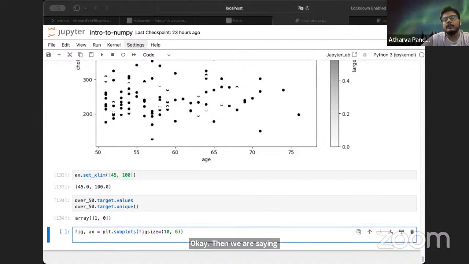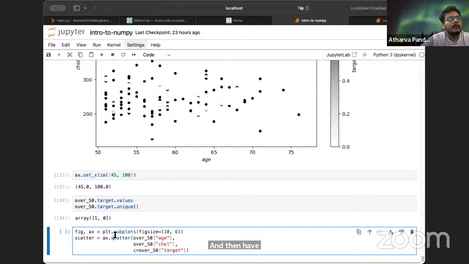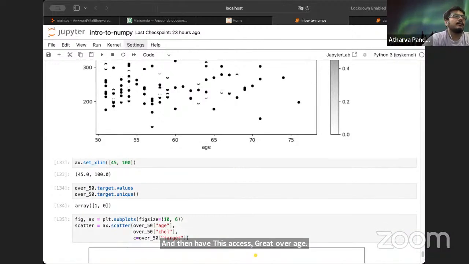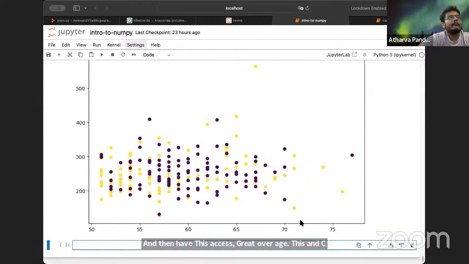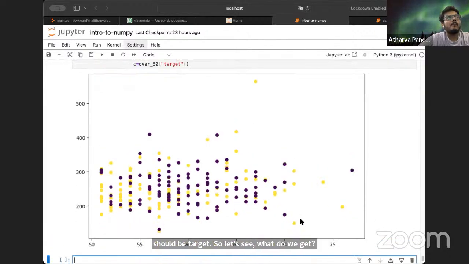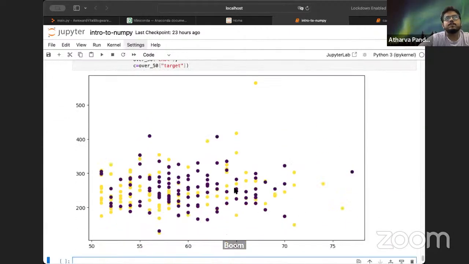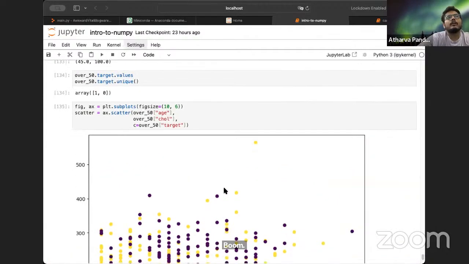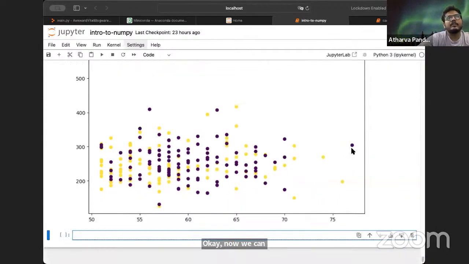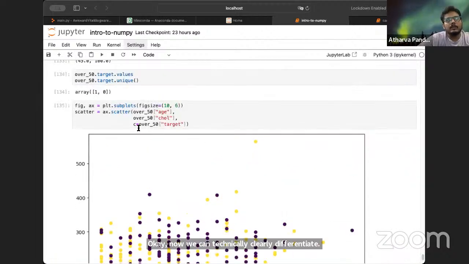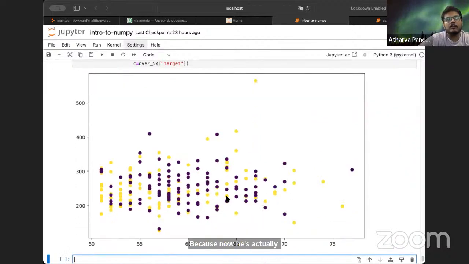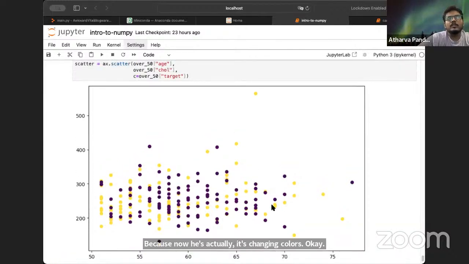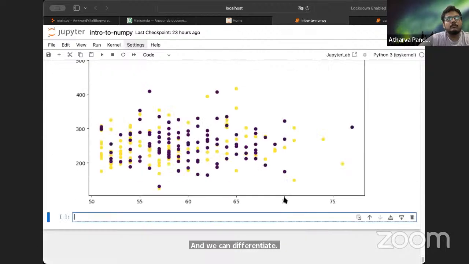This we have already done. And then have this axis plot a scatter graph with over 50 age, this, and C should be target. So let's see what we get. Boom. Now we can clearly differentiate, because now C is changing colors, and we can differentiate which target is 1 and which is 0.